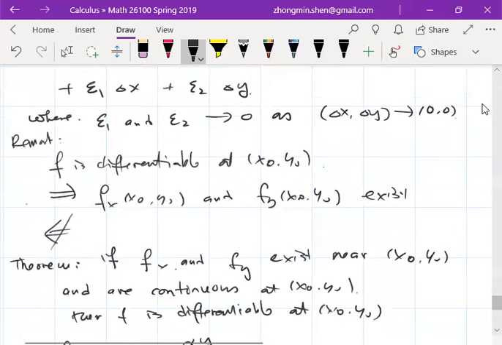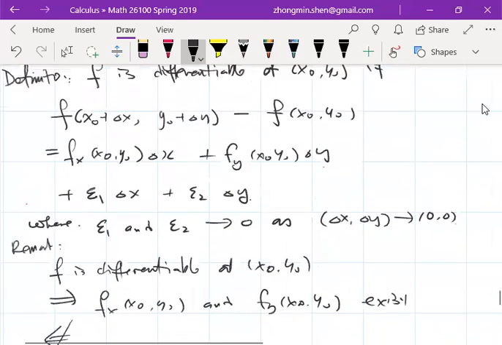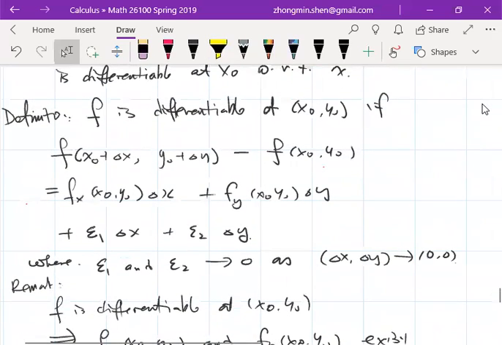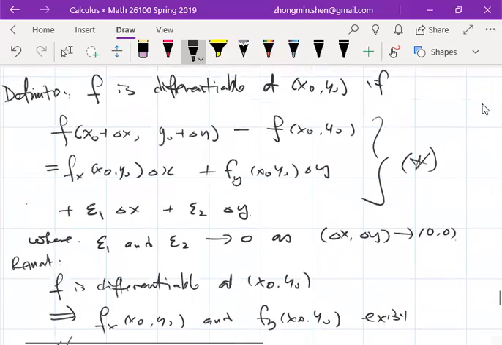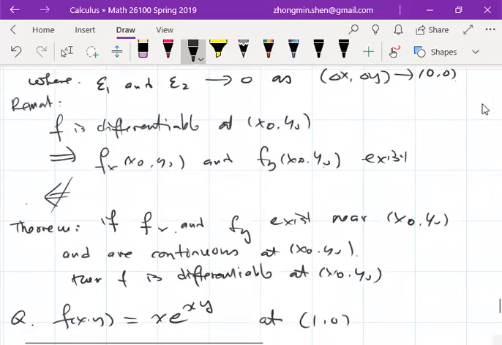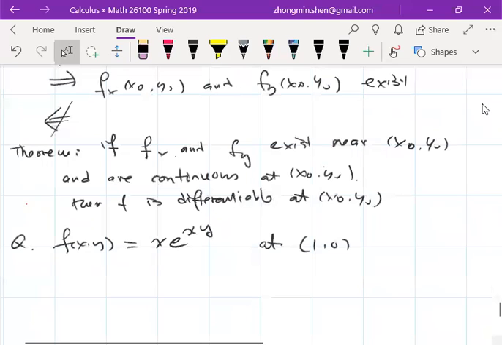It's easy to find the partial derivatives, but it's harder to verify this identity, this property. So I'm not going to verify this property directly. The partial derivatives are nice, they exist and are continuous. That's all I have to do.